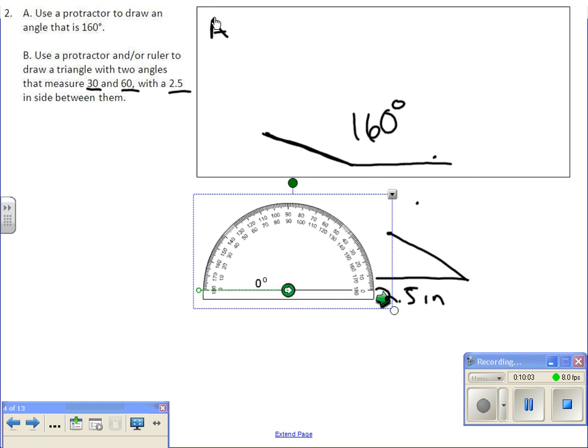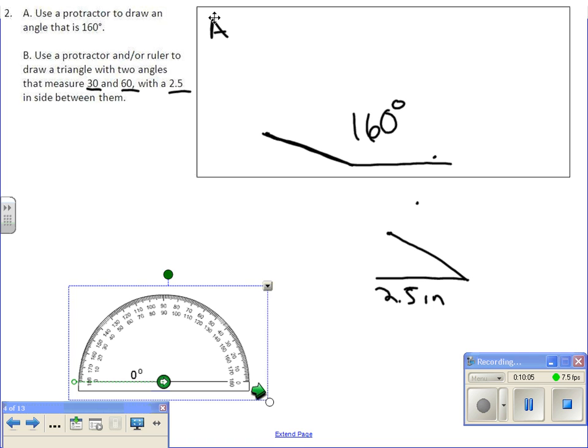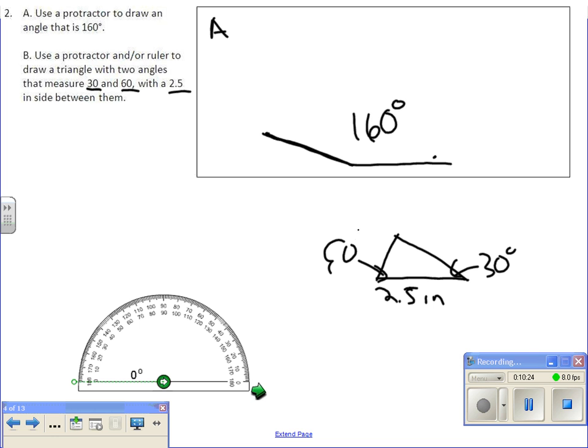Move my protractor out of the way and connect the two lines. And I can just erase all of the other little pieces. And there's my triangle, right? 2.5 inches here. That's my 30-degree angle. That's my 60-degree angle. And we've drawn our triangle.